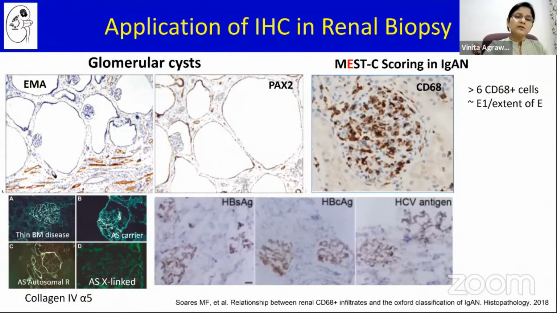You may like to do an immunohistochemistry to look for the origin of these cysts. Sometimes they may be just cysts, and they may look like tubular cysts, but when you do an immunohistochemical stain, you may find that these are staining for the parietal epithelial cells. Similarly, there is sufficient data to support that a MEST-C scoring, where it is supplemented by the staining with CD68 staining, helps in determining the extent of E1 lesions.